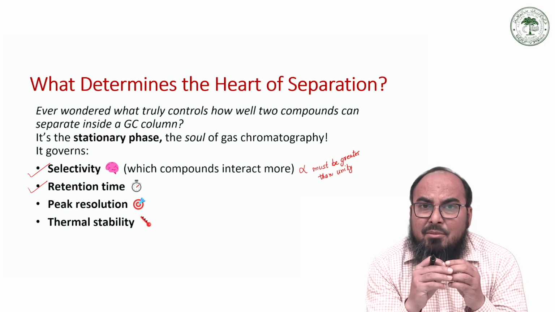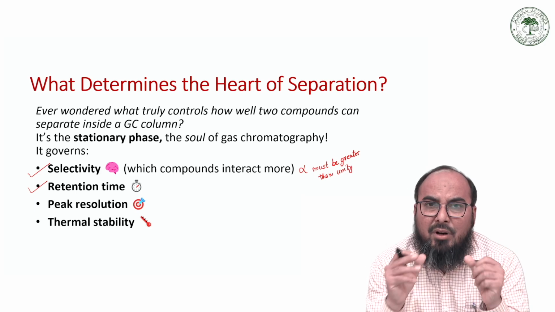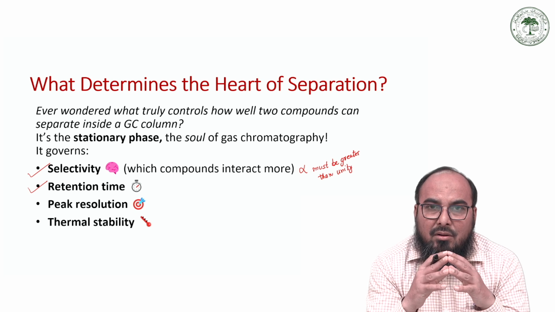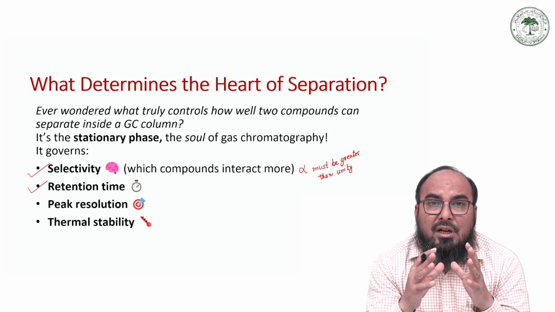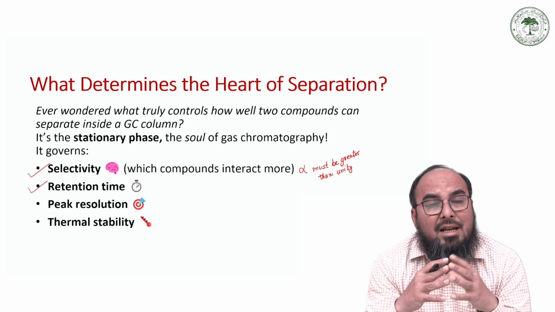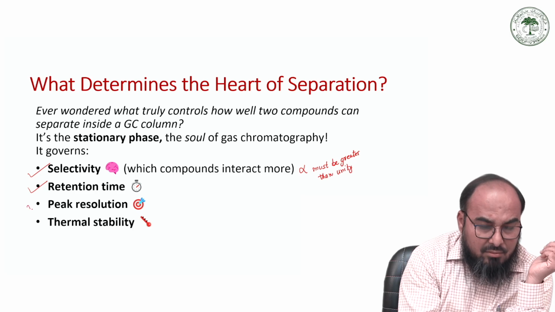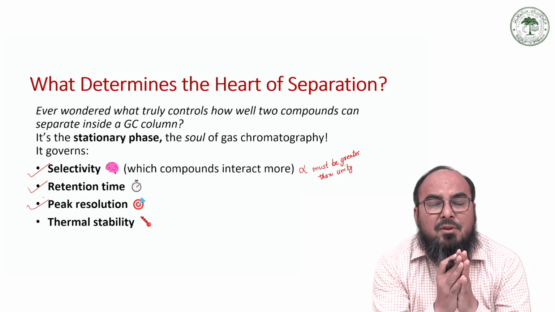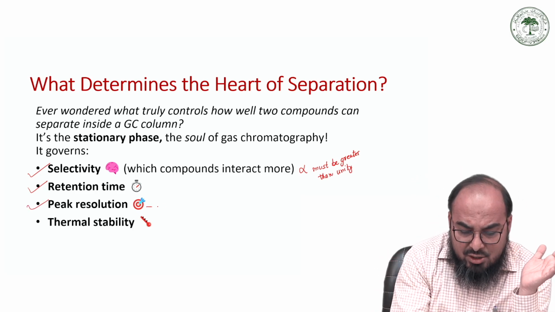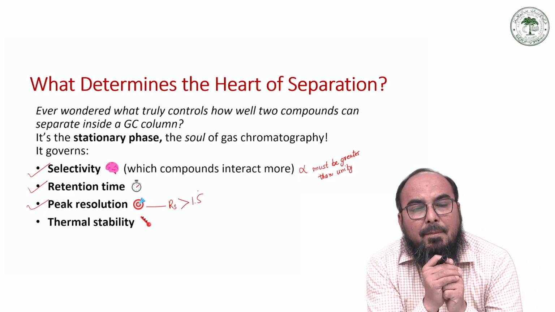If the retention time between the components is too much, then you have to do certain programming. But if retention time is not too much, then you have to run your column in isothermal condition. Similarly, peaks must be well resolved, that is, always RS must be greater than 1.5.